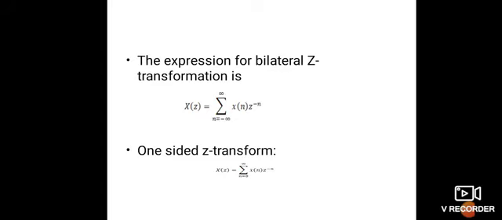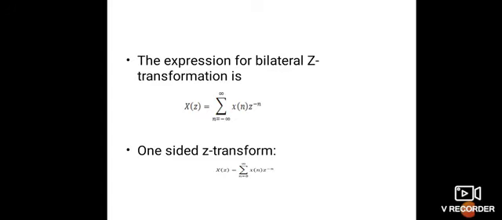The expression is X(z) equal to summation over n equal to minus infinity to plus infinity of x(n) z to the power minus n, where X(z) is the Z transformation of x(n). Here x(n) is a discrete time signal, and z is a complex variable.